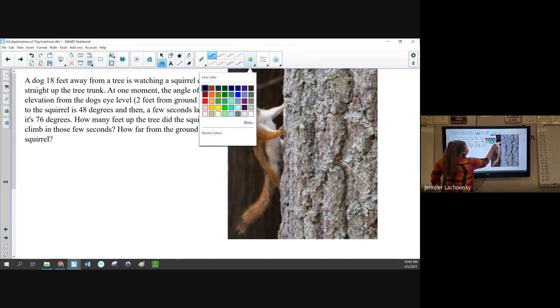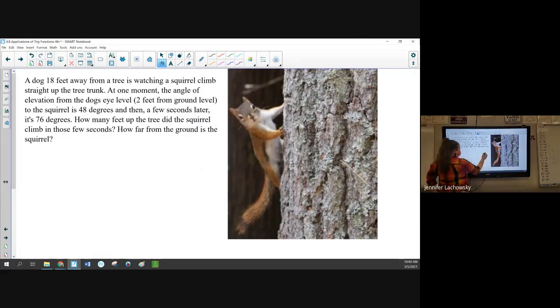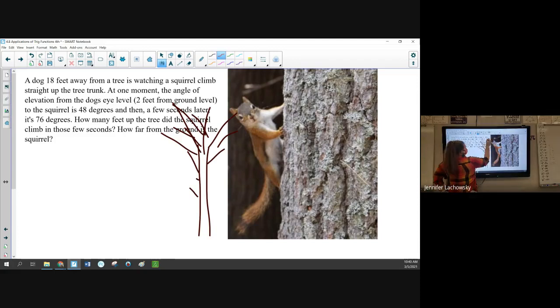Do you remember this? Tree. And squirrel. Okay. Let's do dog first. So dog. Dog's only 18 feet away.